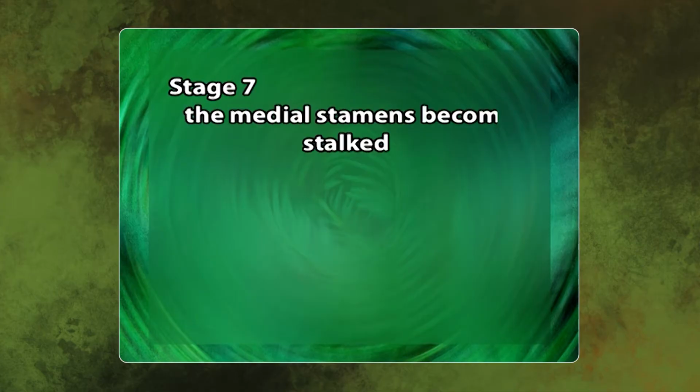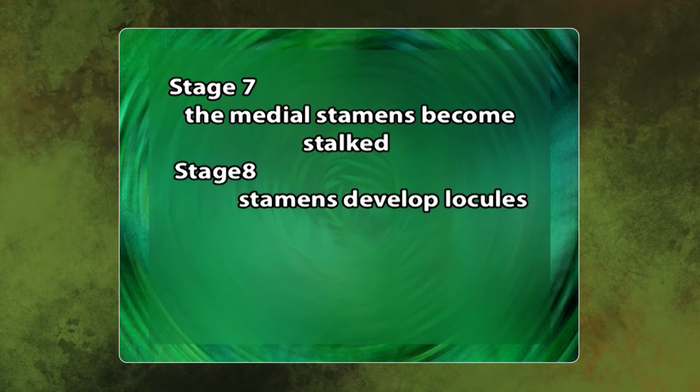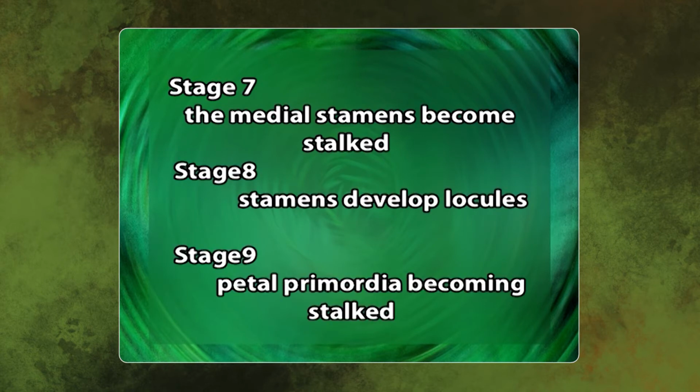Stage 7 begins when the medial stamens become stalked. These soon develop locules in stage 8. A long stage 9 then commences with the petal primordia becoming stalked. During this stage, all organs lengthen rapidly. This includes the gynoecium, which started growth as an open-ended tube during stage 6.